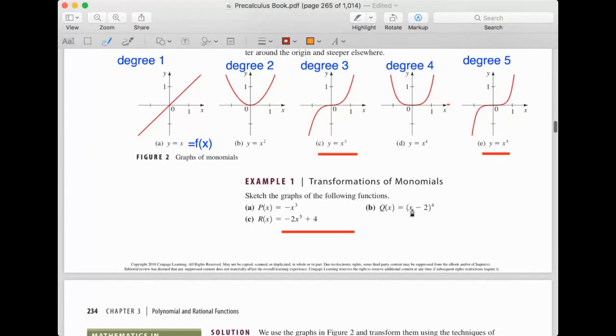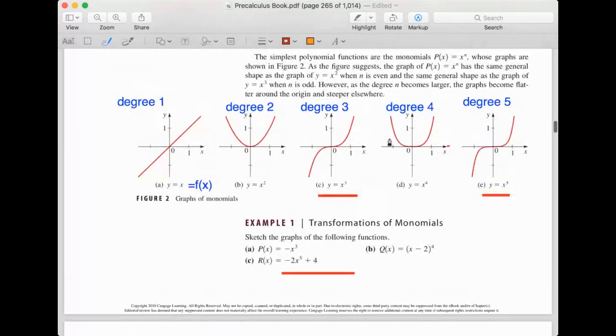Here's b. b is x minus 2 raised to 4. So we look at its reference graph, degree 4, x raised to 4. Now this is not changing in y value. You see this one, c is changing in y value. Right? So x raised to 5 is being pushed up 4 units. But here the x value is being changed.